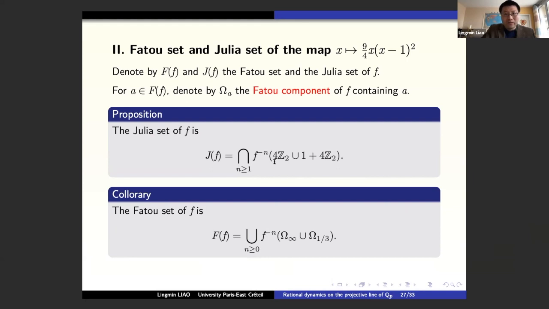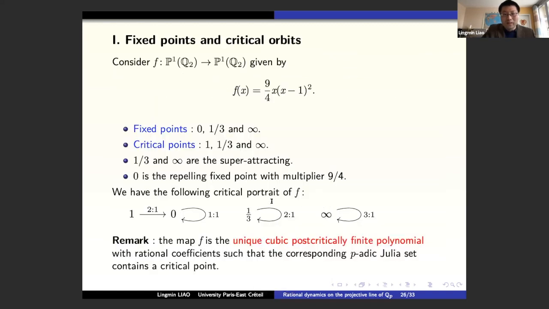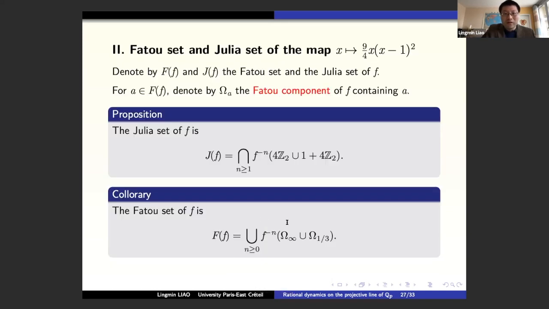So this is the Julia set, just the inverse of the union of two balls, near the neighborhood of infinity and the neighborhood of 1. If you go back, these 2 points are good, they are super attracting fixed points. So usually, if you go close to these 2 parts, there's no problem. It's your Fatou set. So the difficulty is how to study the Julia set.